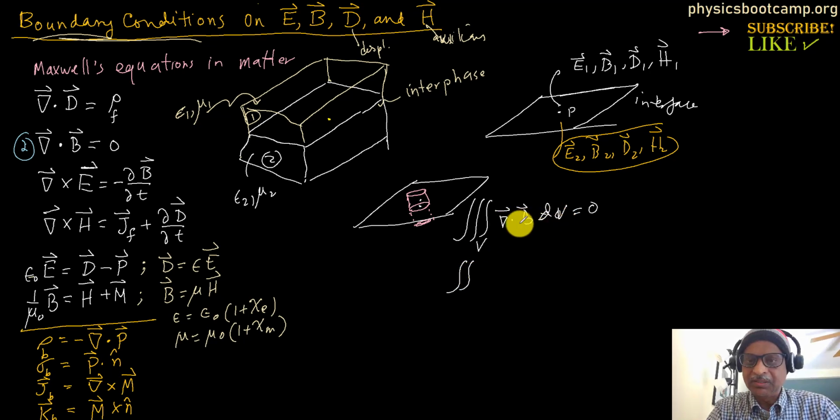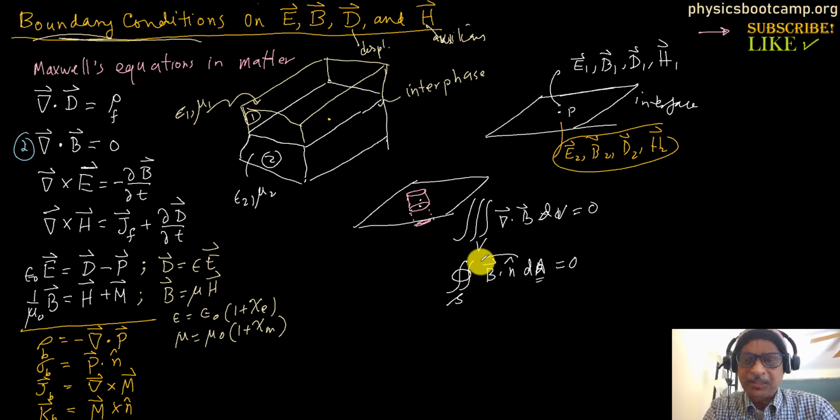This divergence integral over the volume will turn into a surface integral over the closed surface, the entire outside surface, of B dot n hat dA equal to 0, where A is the area element. So this is just the normal component.